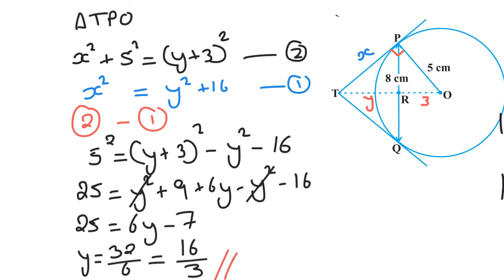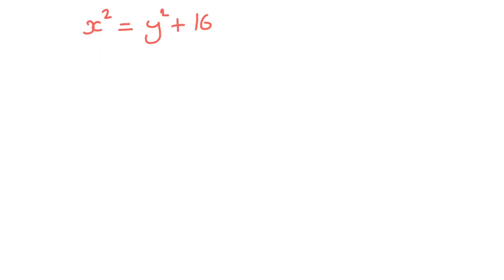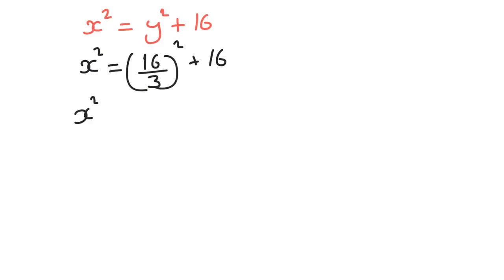We can take the value of y and plug it into equation 1 to find the value of x. Let's do that. So x squared will be equal to 16 over 3 the whole squared plus 16. You can simplify it. Let's keep this as 16 squared over 9 plus 16 over 1. When you take the LCM, the common denominator is 9.